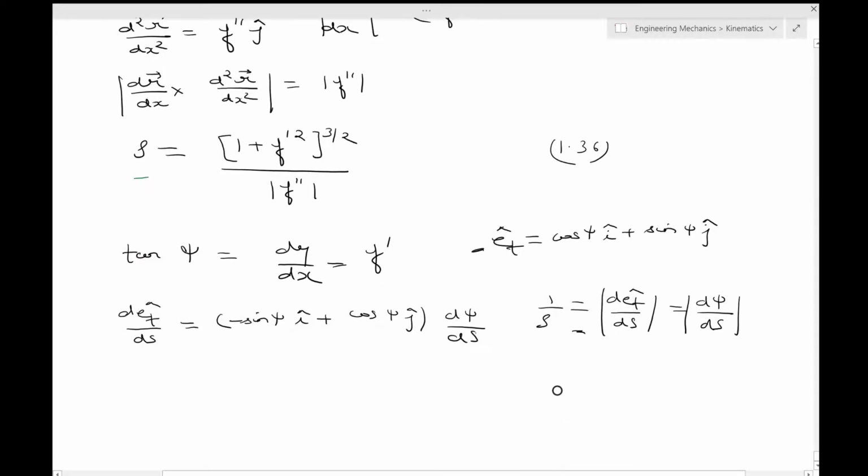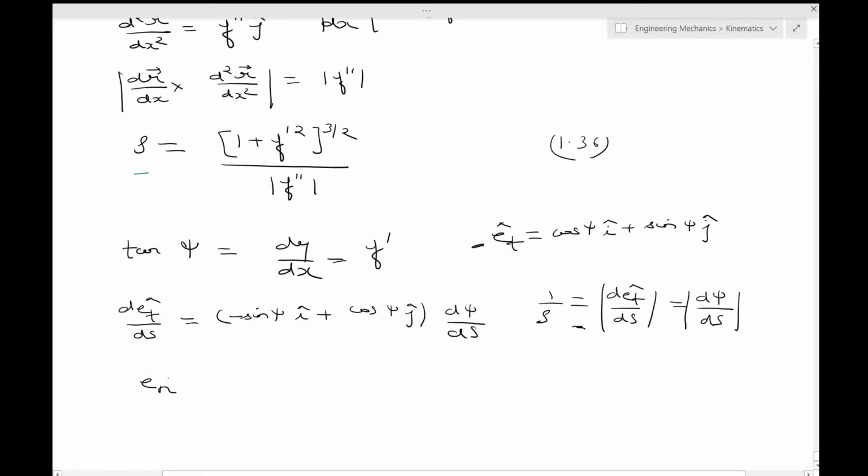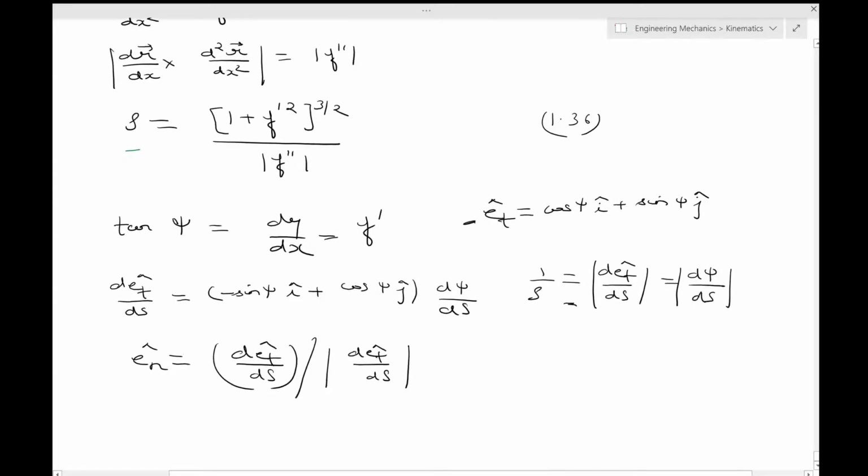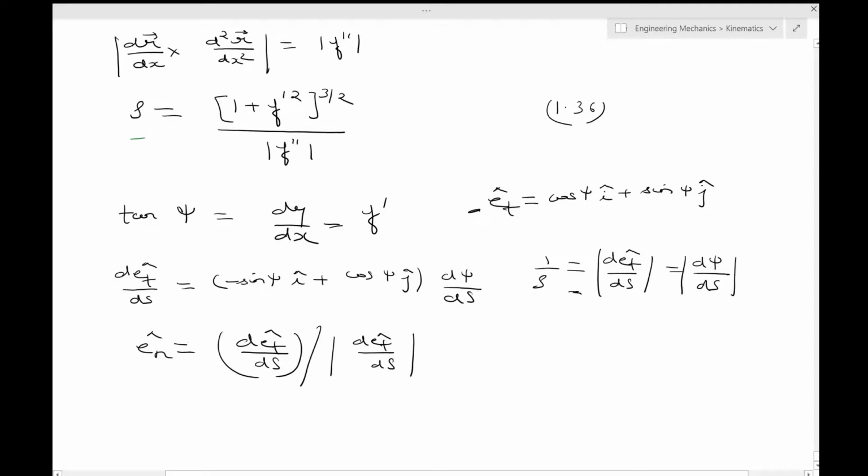Now the normal vector En, as you know, is equal to det by ds divided by the modulus of det by ds. It's in the direction of det by ds, and its magnitude is rho times det by ds, that is coming from 1.22. Please pause the video and check all these things. Don't just assume that it should be very clear just by looking at it.